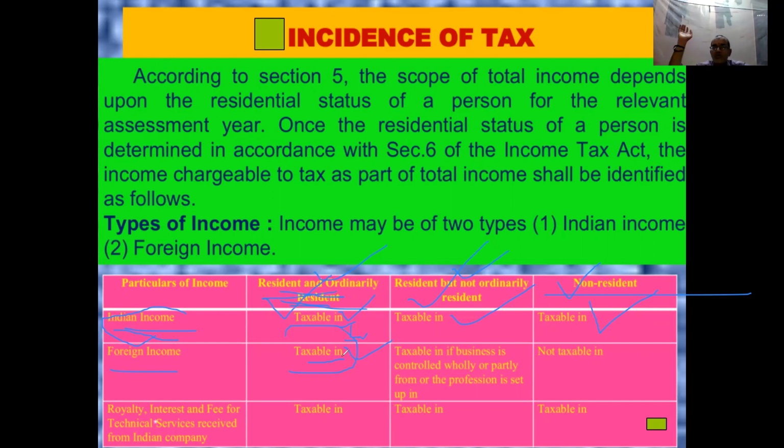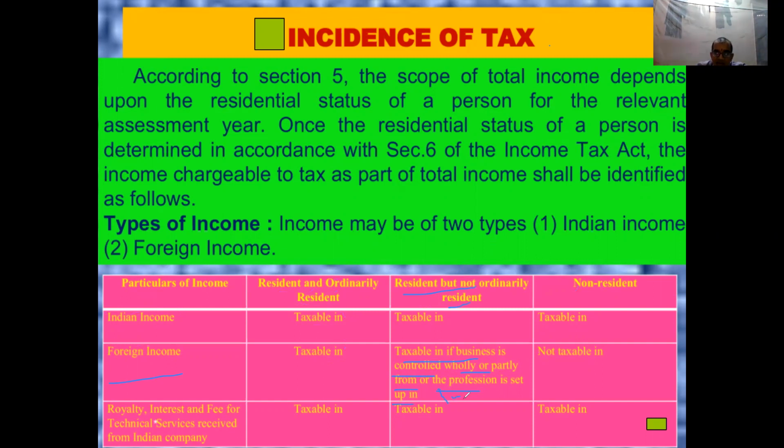They paid me 10,000 rupees. I am taxable because even though it is a foreign income, I am a resident and ordinarily resident here in India. So I have to pay tax. Whereas for foreign income, for resident but not ordinarily resident, it is taxable only if the business is controlled wholly or partly from India, or the profession is set up in India.